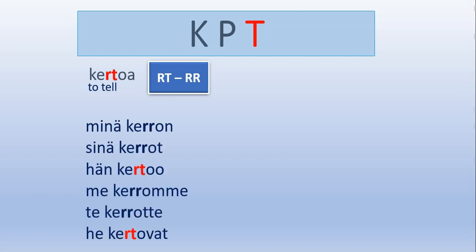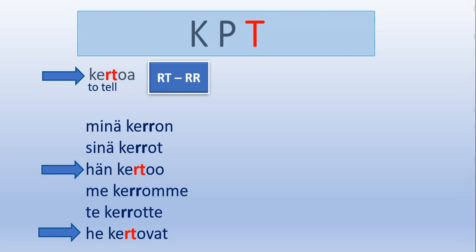Minä kerron, sinä kerrot, hän kertoo, me kerromme, te kerrotte, he kertovat. And again you can see the same pattern repeated here. The infinitive, third person singular and third person plural have the strong form.